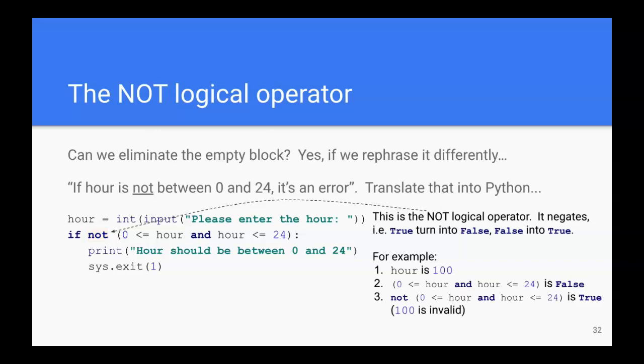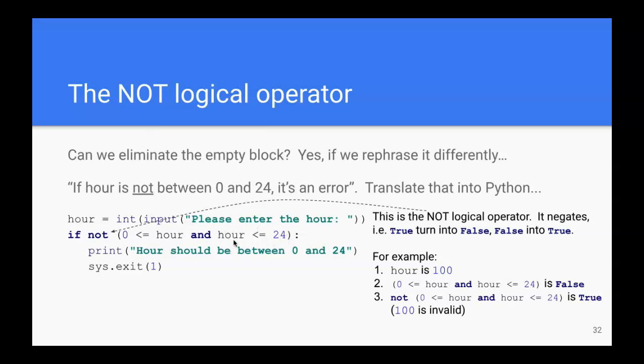So think about an example. Think about the thing that we just did. If the hour is 100, what happens? So if hour is 100, as we went through last time, 100 is not less than 24, so this is false.